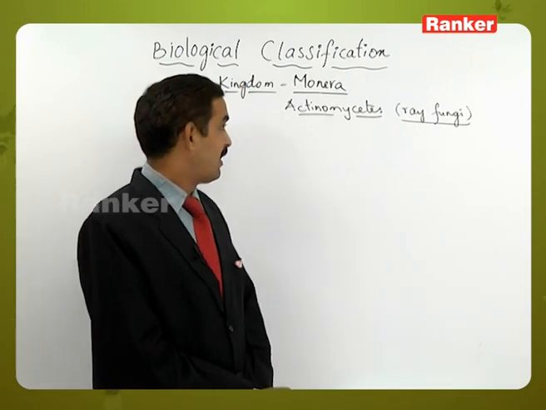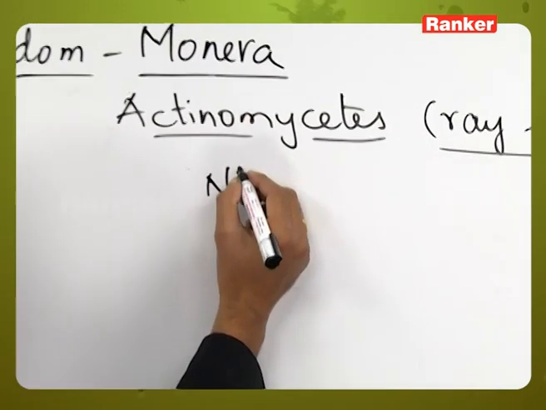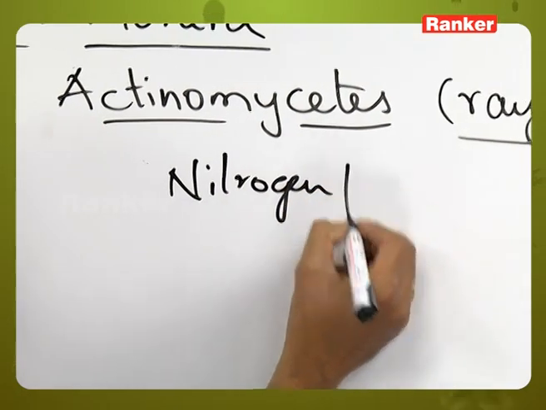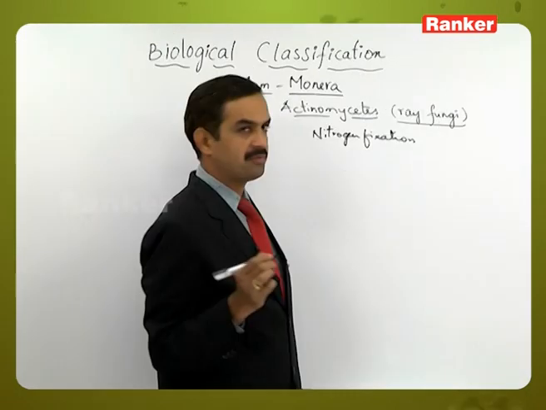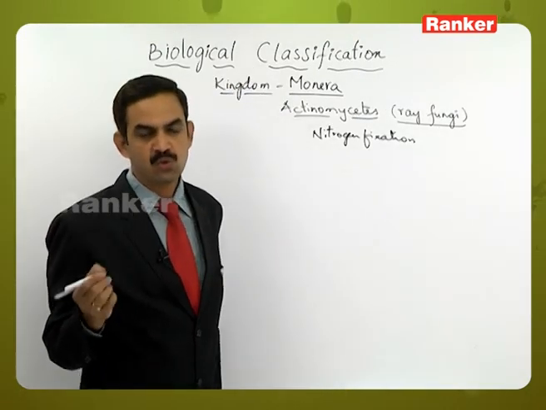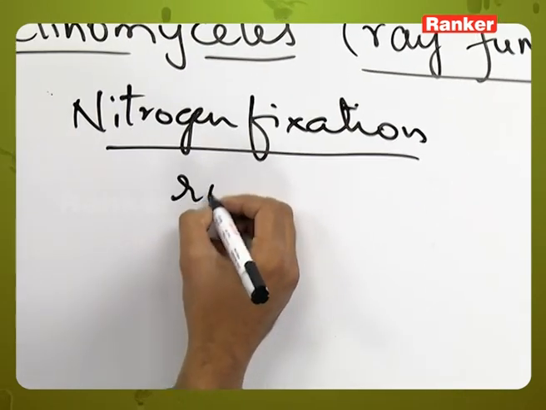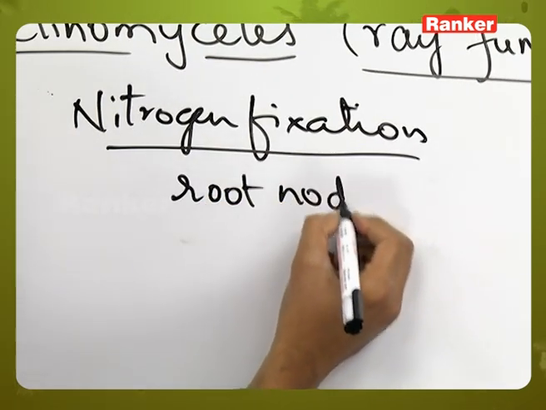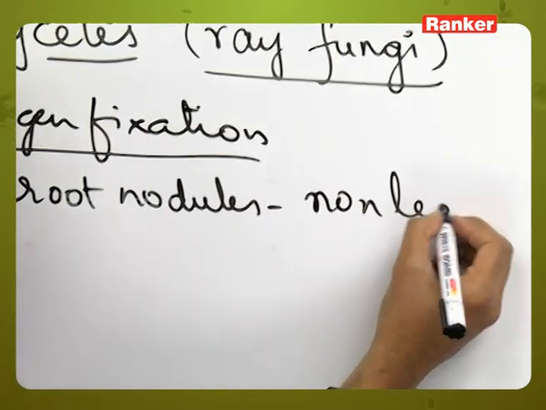Some of the members of Actinomycetes are useful in nitrogen fixation, that is, conversion of molecular nitrogen into a useful form of nitrogen. In this process, they form root nodules. Root nodules are formed in non-leguminous plants.